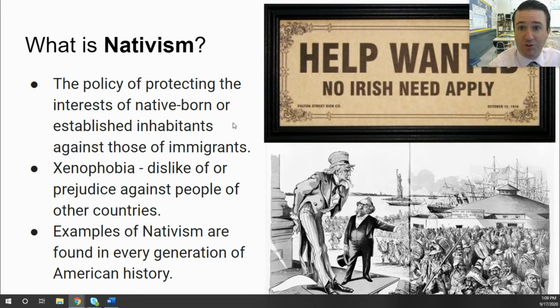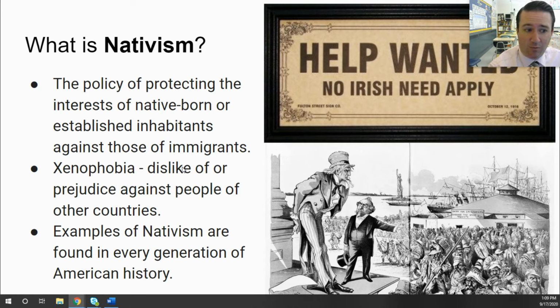Well, the Irish were largely Catholics, and the people here were largely Protestants. And the fear was that if the Irish continued to come here in such large numbers, it would overwhelm the Protestants, and we would become a Catholic nation that would answer to the Pope. So that was the fear, rational or not.